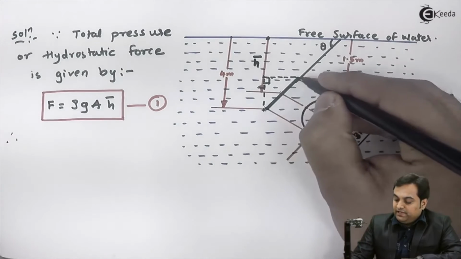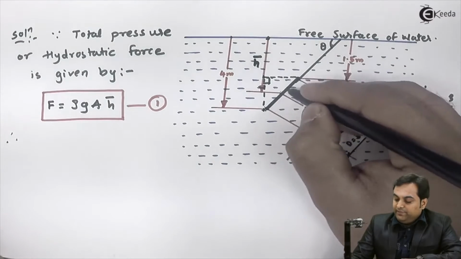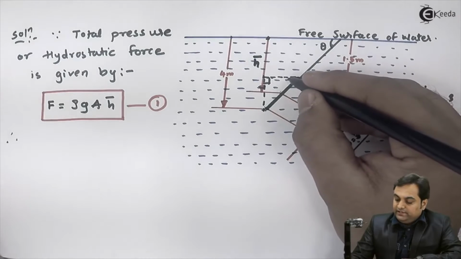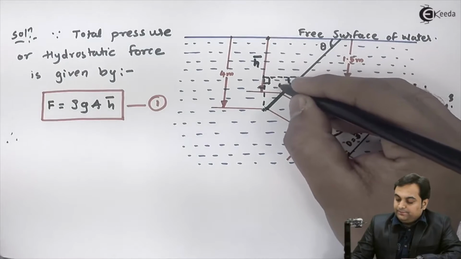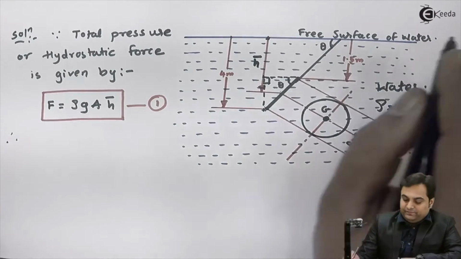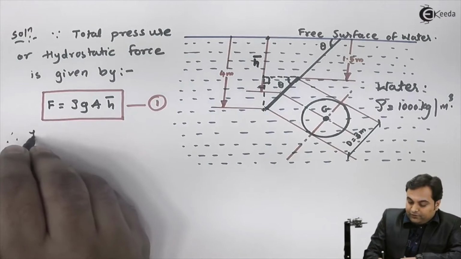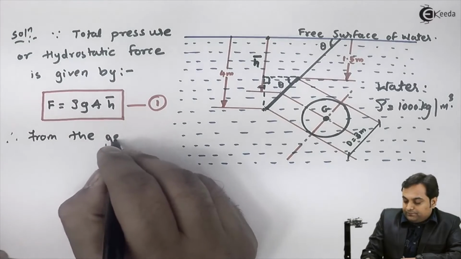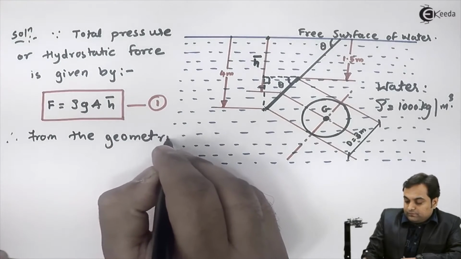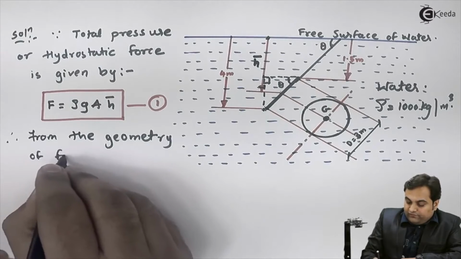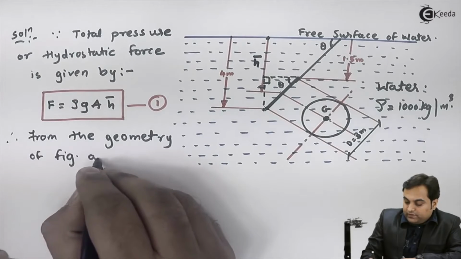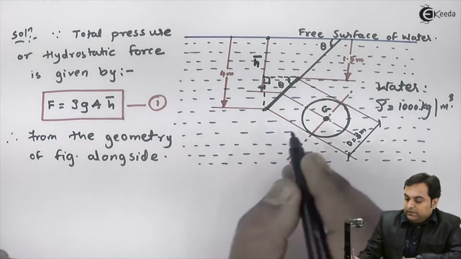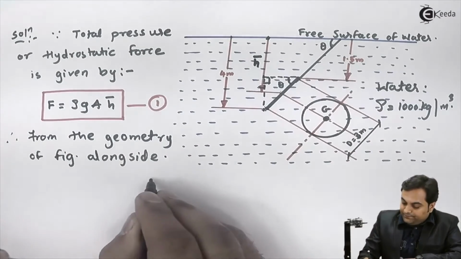Next, here I have this diameter as 3 meter. So now I'll get the value of theta. I'll say that therefore from the geometry of figure alongside, I'll draw this triangle again.